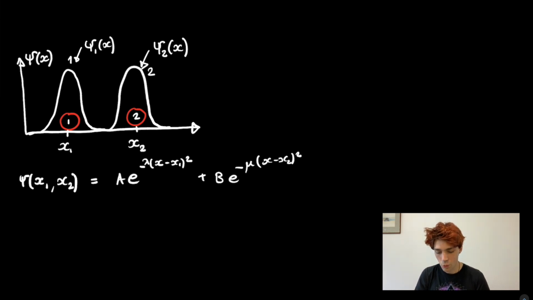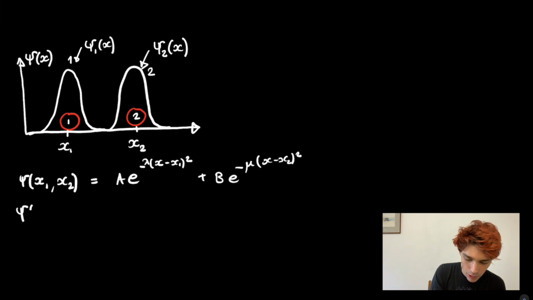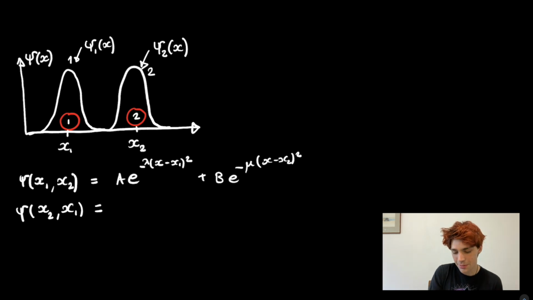So what I'm saying is, what happens if we swap x2 and x1? Well, assuming that a, lambda, b, and mu are all exactly the same, which is how I've drawn it here. A is representing the height of the Gaussian, and lambda is representing how quickly the Gaussian decays to 0. Assuming that they're both the same, nothing's going to change. You're going to end up with the exact same formula.